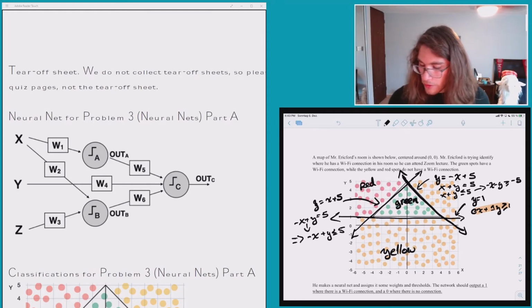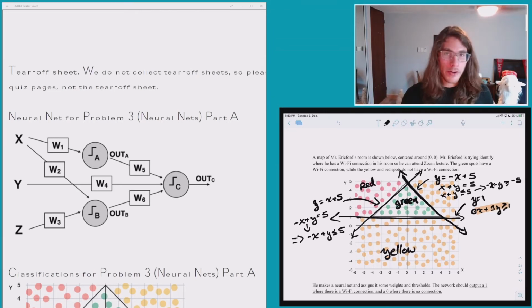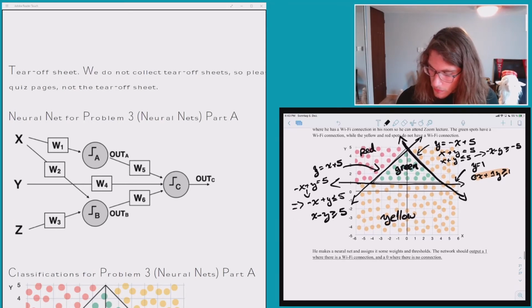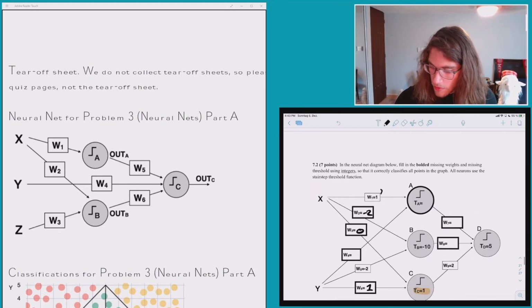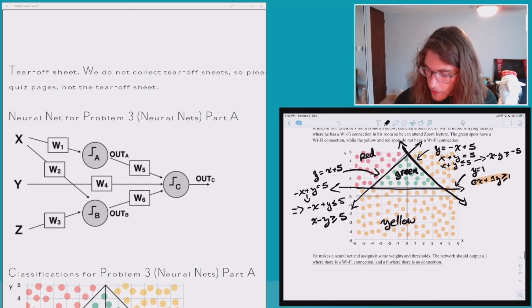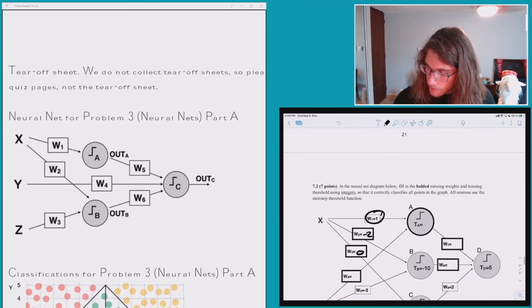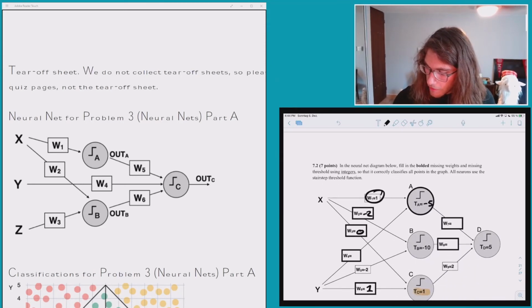And I know it's confusing to think about, which is why I wanted to argue, okay, I'm going to figure it out by looking at the neural network. And now I'm going to multiply by -1. x minus y is greater than or equal to 5. And so here's the 1. Oh, sorry, not 5, -5. Here's -5.